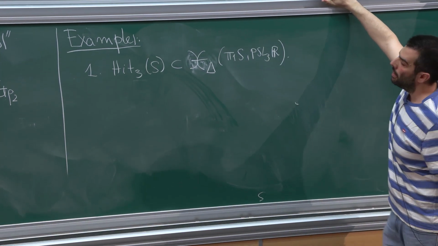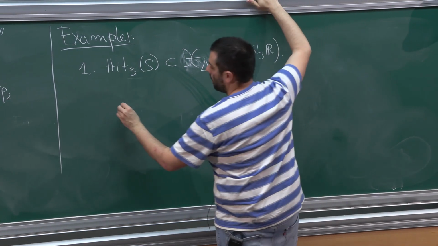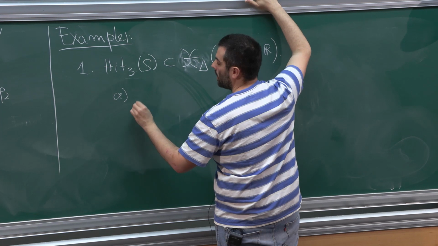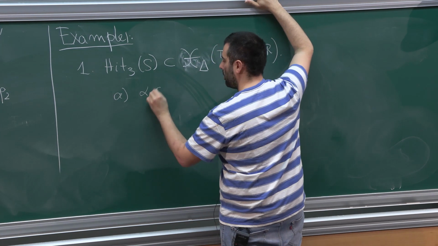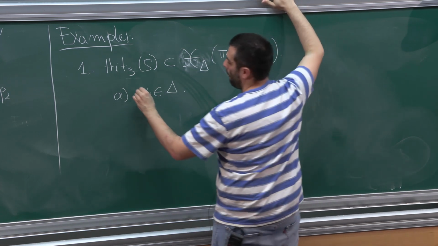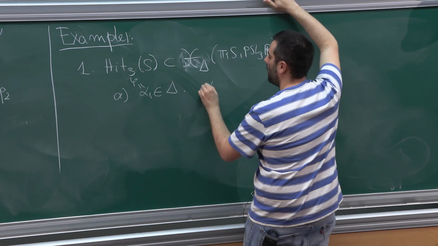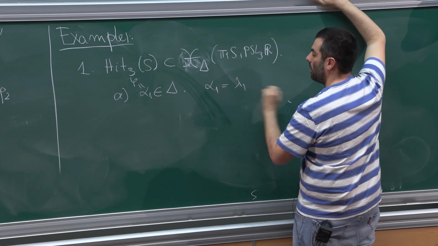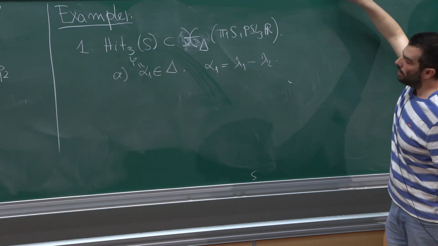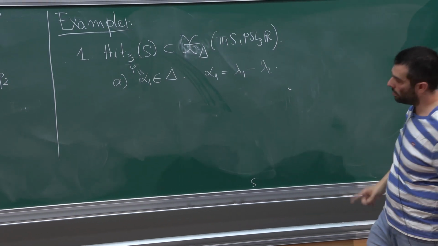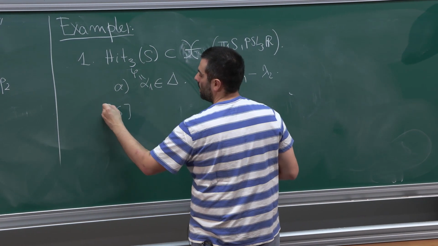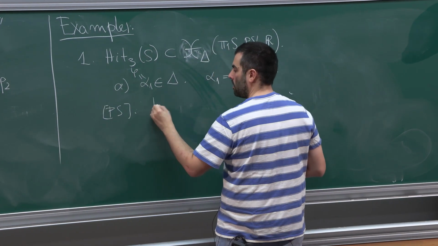Okay, and I have to pick a length function. The first length function I will pick is a root. Just to fix ideas, let me pick the first simple root. This will be my phi. So alpha 1, sorry, is the log of the first eigenvalue minus the log of the second. A very nice feature about this is a theorem by Rafael Potrie and Andrés Sambarino, that entropy is constant here.